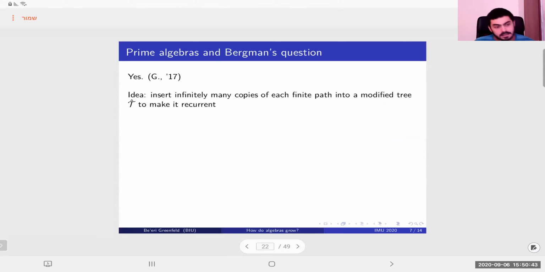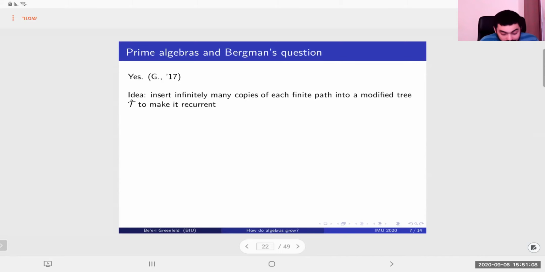This is a very high-level proof sketch, but the idea is to take this system and modify it in such a way that you insert infinitely many copies of each finite path, so that you obtain what we call a recurrent system, meaning that every factor appears infinitely many times.